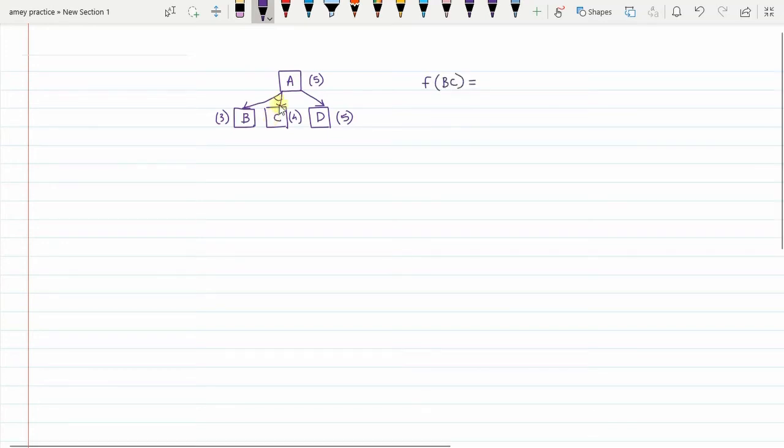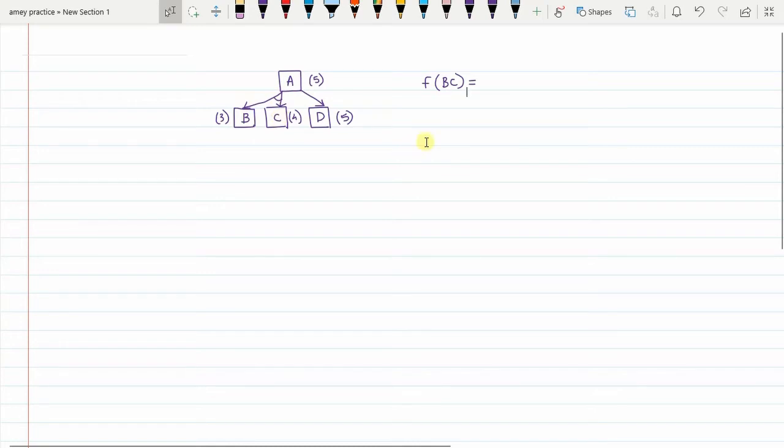The heuristic value of node B is 3, the heuristic value of node C is 4, and then what value will be backed up at A? It will be the heuristic values of these two nodes and the cost along the edges, right?